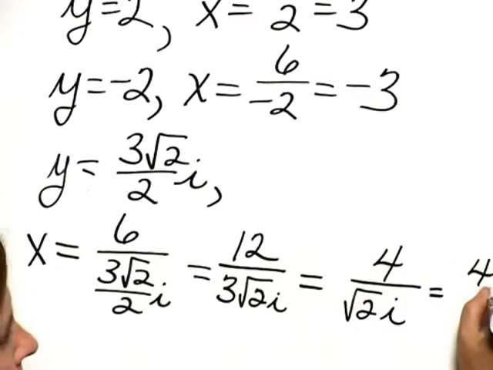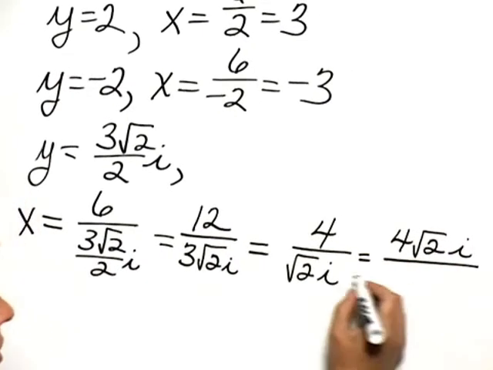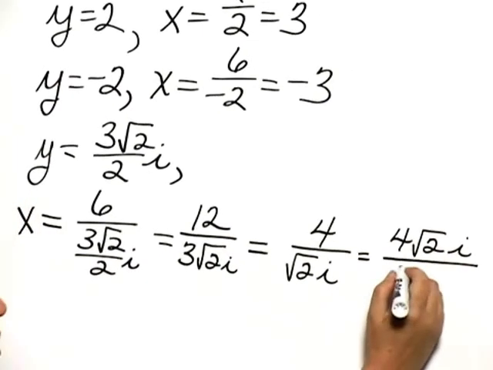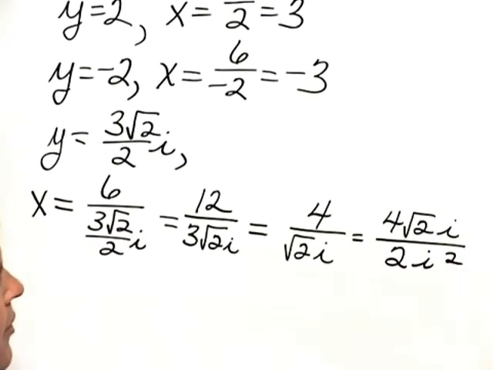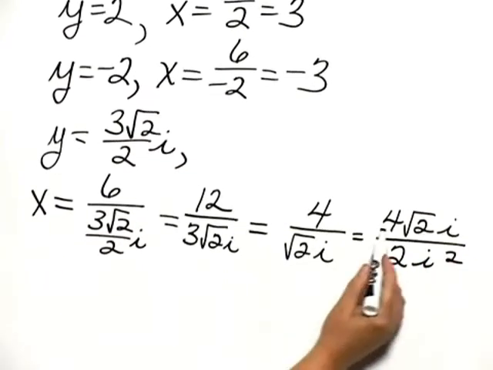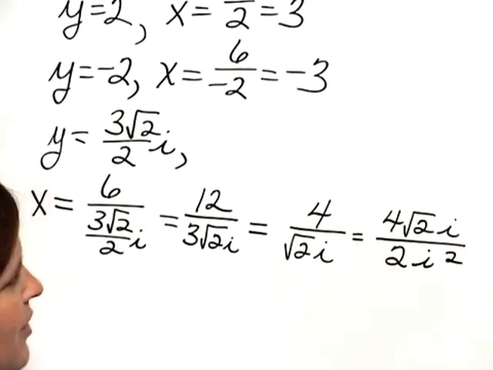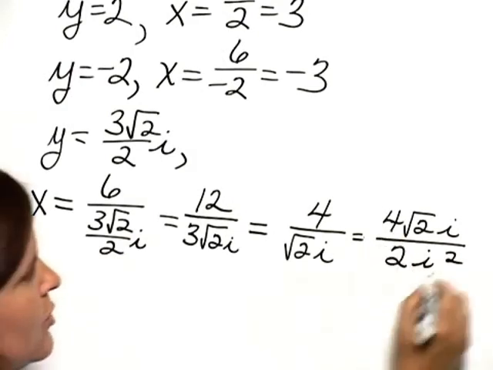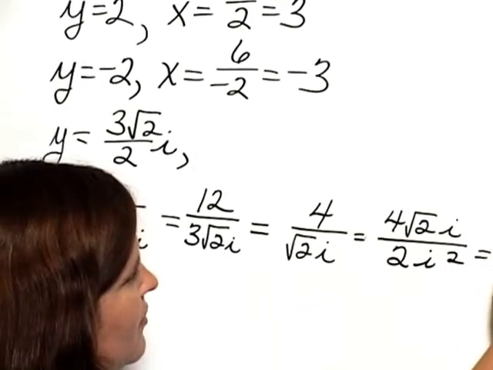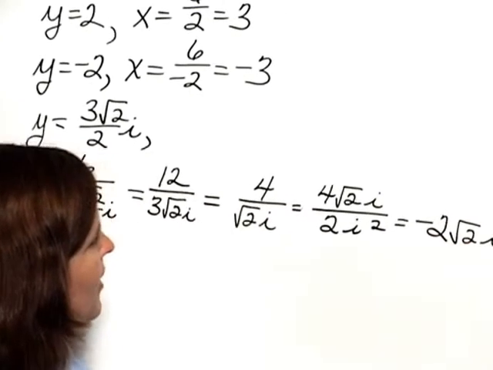4 times the square root of 2i over the square root of 2 times the square root of 2 would be 2. i times i would be i squared. Now we're almost done. i squared is -1, so that gives us a negative sign, and 4 over 2 is 2. So we have -2 square root of 2i.